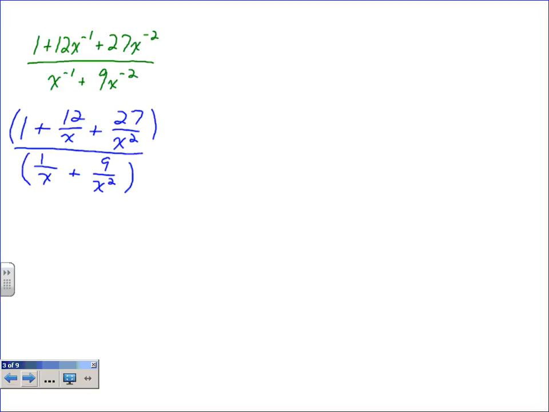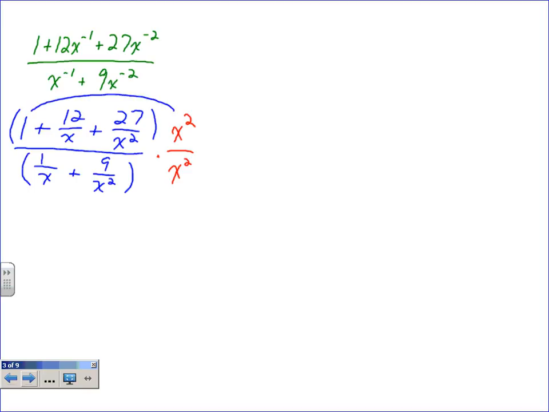Yes. We're going to multiply something by numerator and denominator. And I'm going to multiply by, isn't x squared over x squared 1? So I'm multiplying by 1.